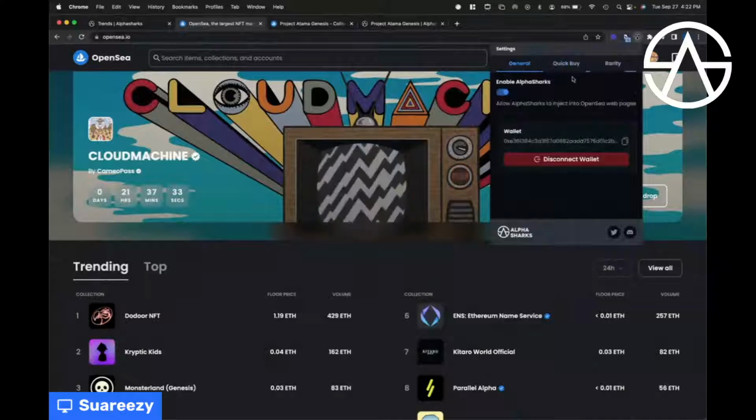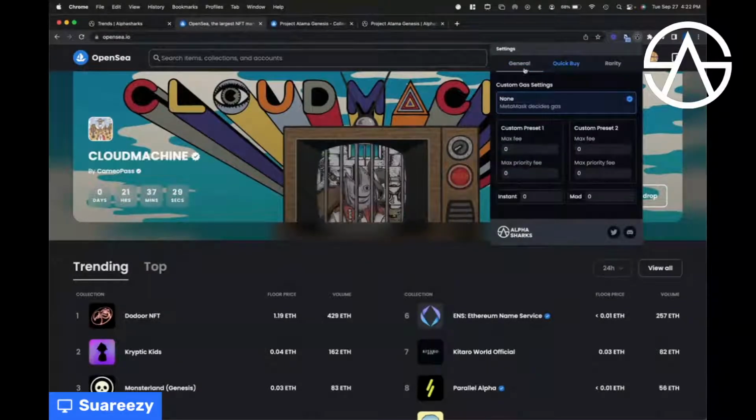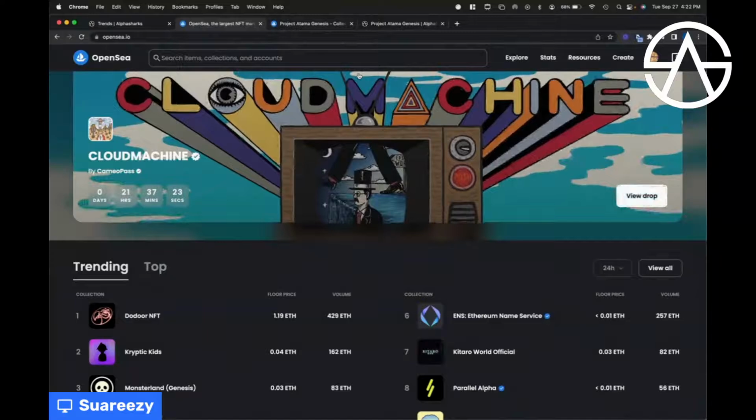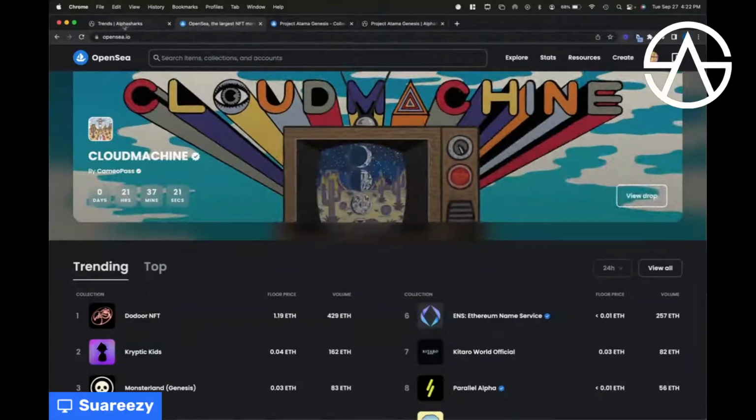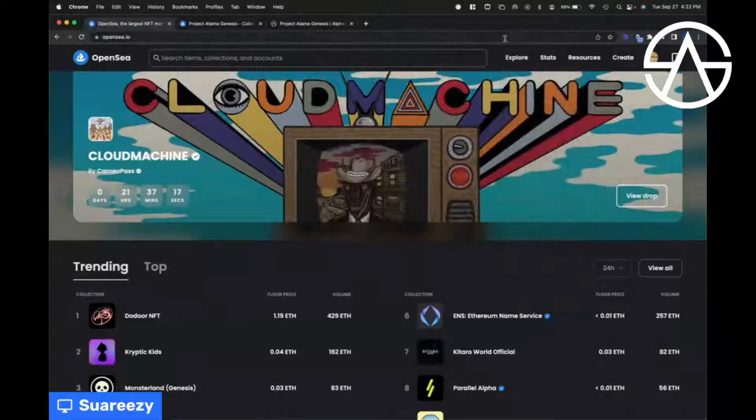We'll definitely be going over in depth what exactly each tool piece the extension offers. But once you download that extension, the first thing I like to go into is straight into OpenSea.